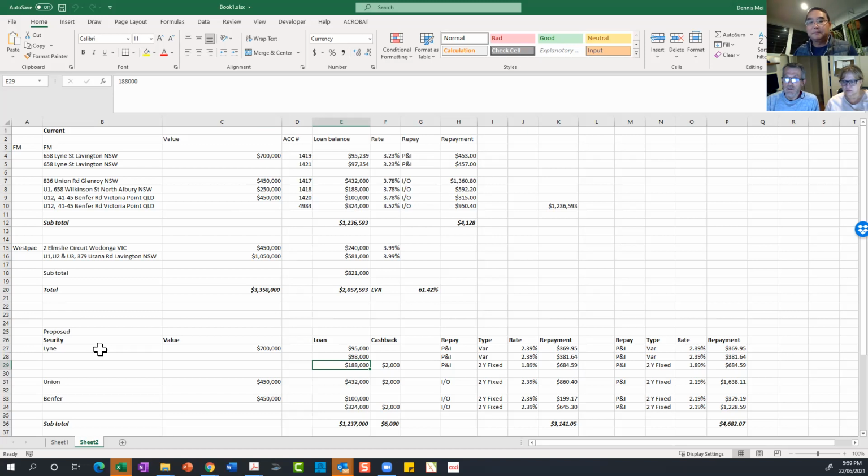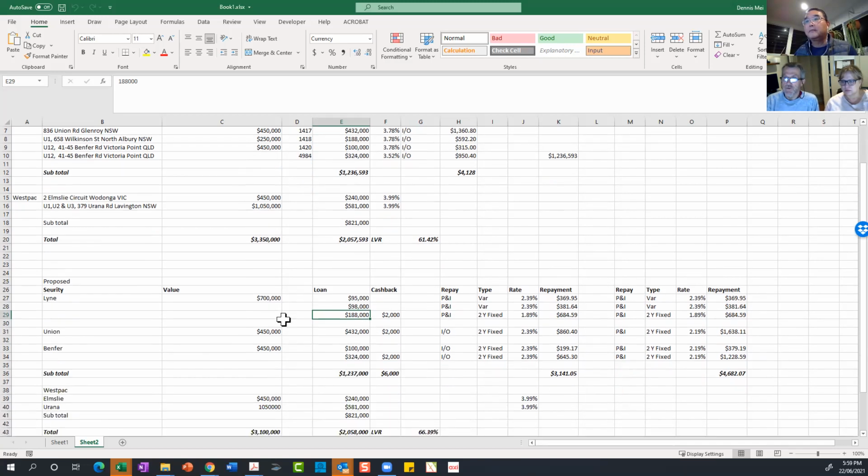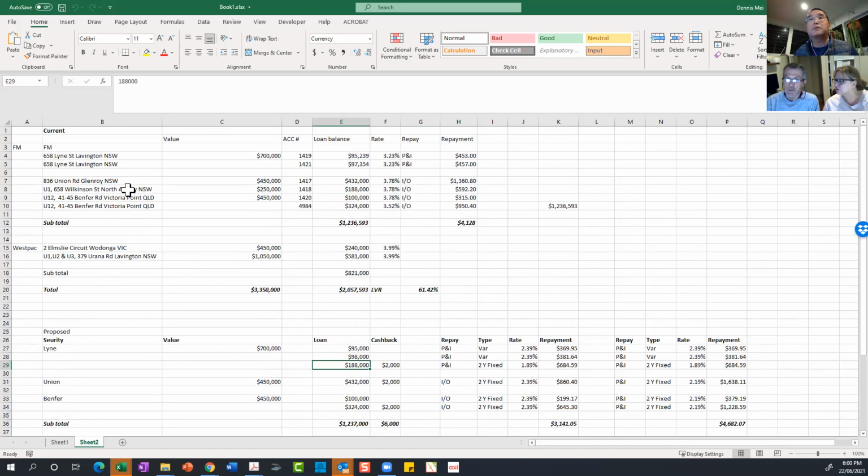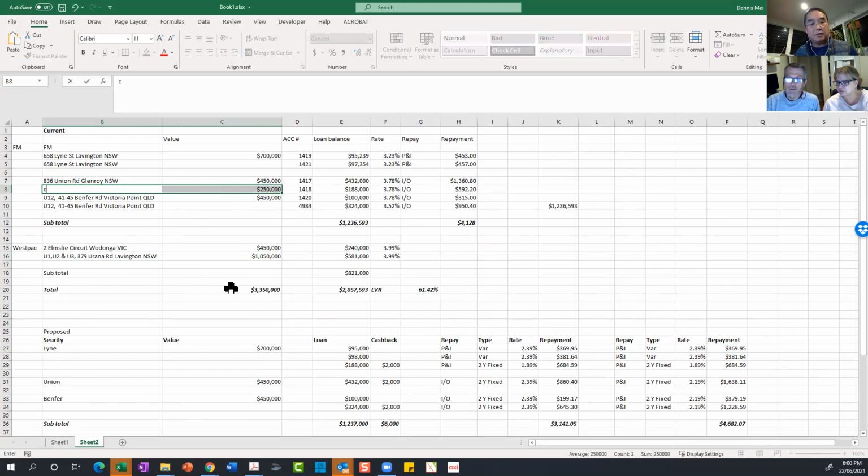The other one that I see is unit 12. I know it is only listed once. Yeah, it does have 2 loans. And down lower, there's Bamford Street, right? Yeah, Bamford Road is still 2 loans. 2 loans against Bamford Road. Yeah. 1 loan against Union Road, but we can put oops, sorry.